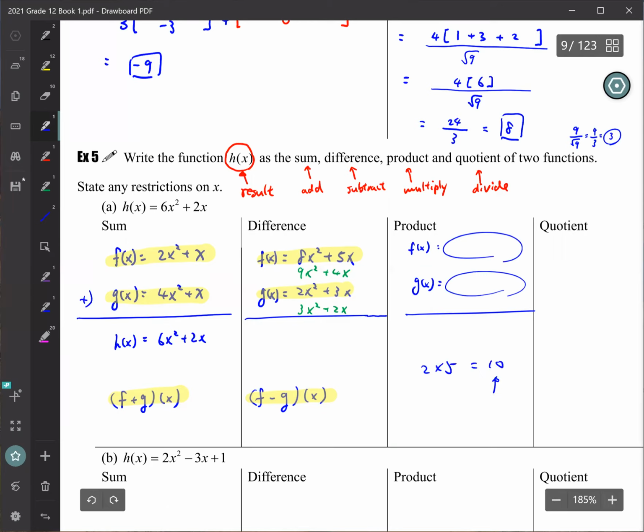So 10 will be the h, and 2 and 5 are the f and g. We are trying to get the factors. So when you see product, you think about how to factor. I'll let you try that. You learned about factoring in grade 10.